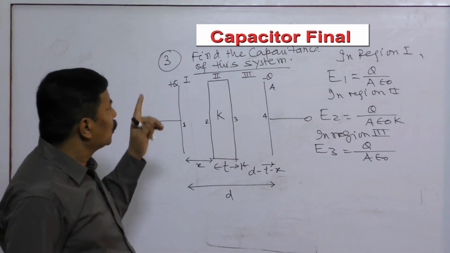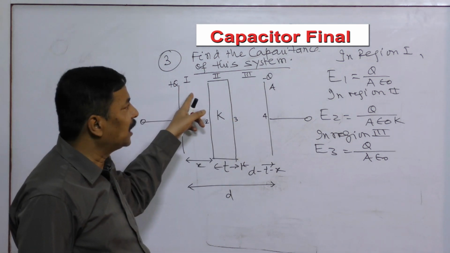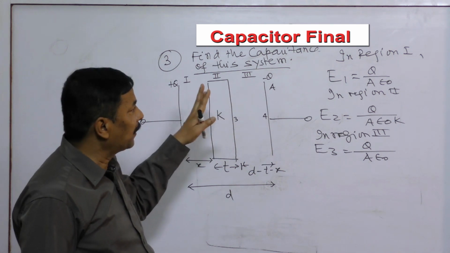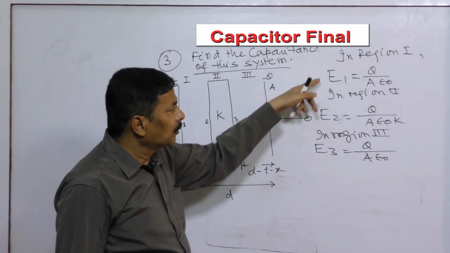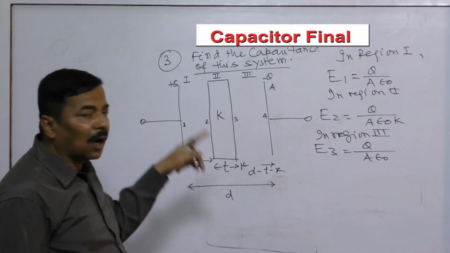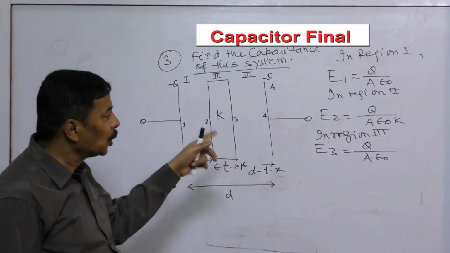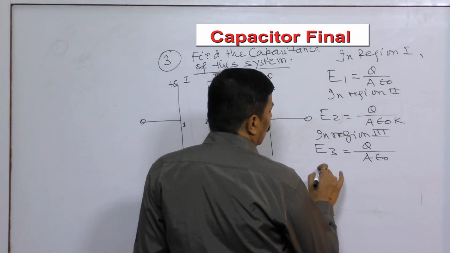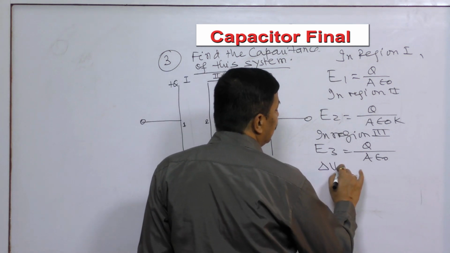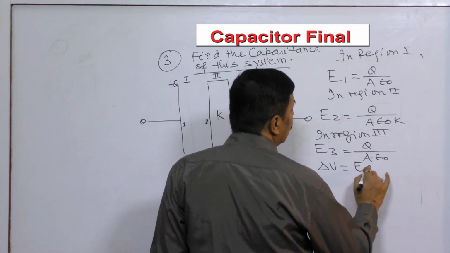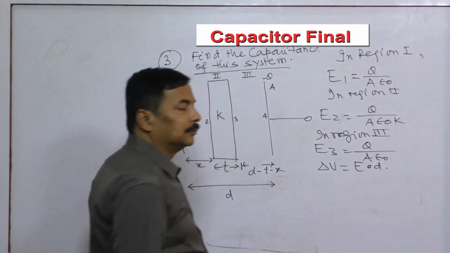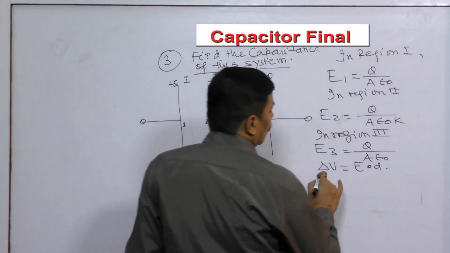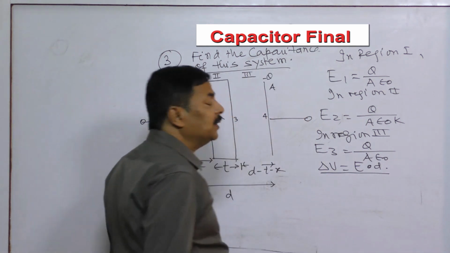Now see, the first step is to give the charge, the second step for finding the capacitance is to find the electric field, and the third step is the potential difference. We know potential difference delta V is equal to E into d, as the electric field is constant.